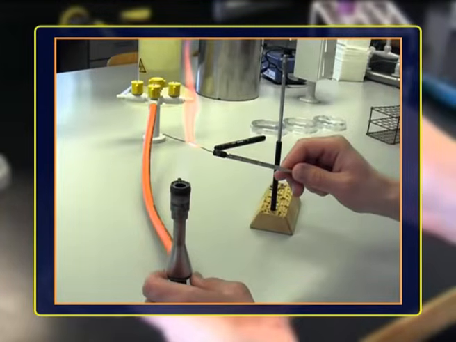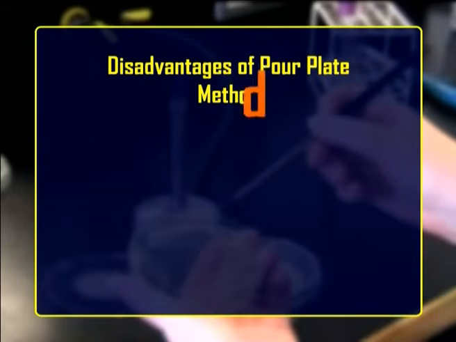When bacterial colonies develop, one finds that isolated colonies develop both within the agar medium and on the medium. These isolated colonies are then picked up by the inoculating loop and streaked onto another petri plate to ensure purity. The pour plate method has certain disadvantages as follows.